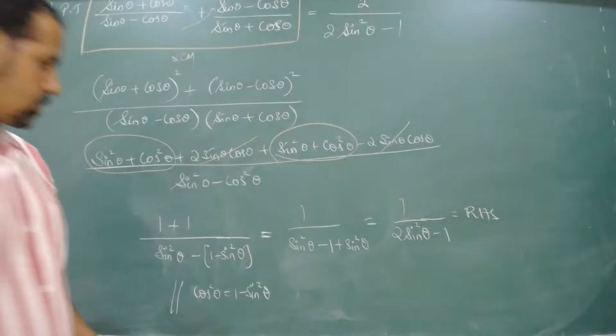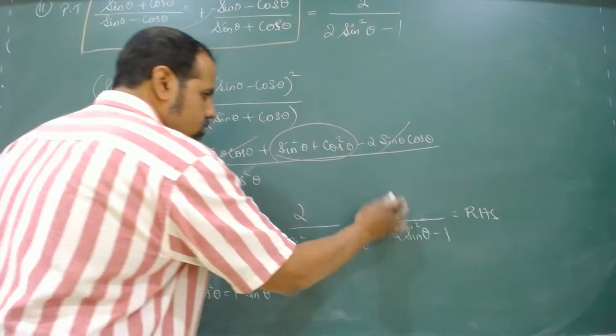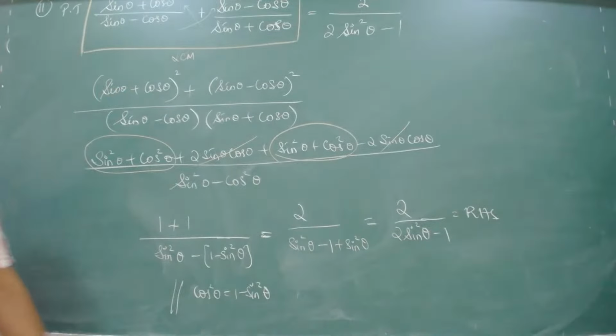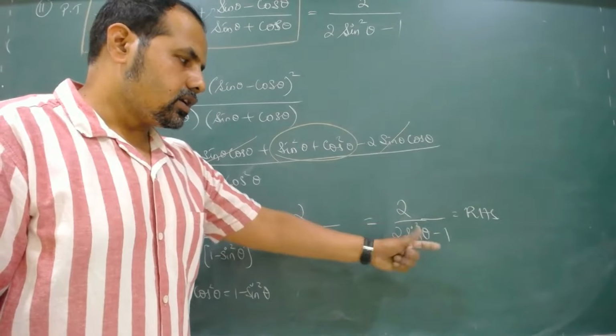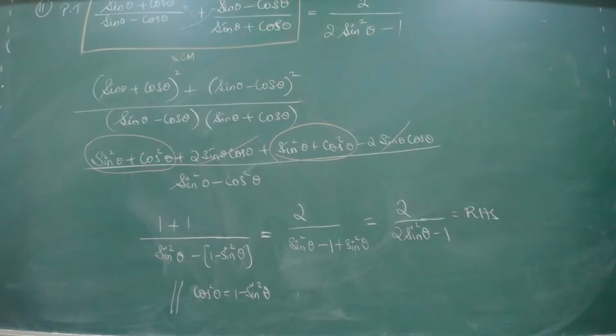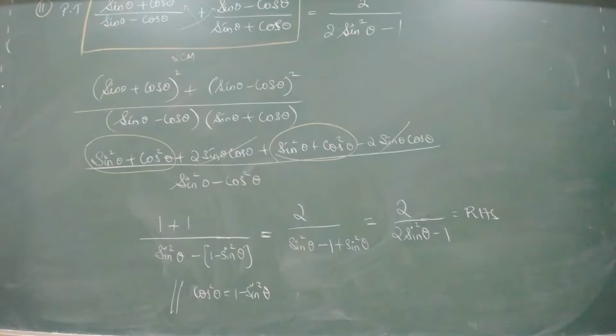Sorry, I forgot to write 2 divided by, don't cancel the 2 here. The denominator is a binomial, so be careful. So we get the RHS, which is 2 divided by 2 sin square theta minus 1. Please make a note.